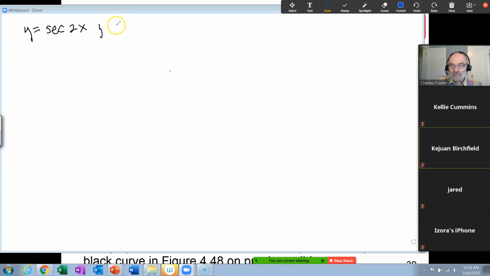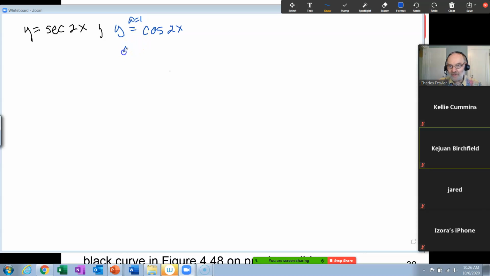Okay, so what would you suggest I graph before I try to tackle a secant function? What's the reciprocal of secant? Cosecant? No, cosine. Cosine 2x. That's what we're going to graph. So we start with our alphabet. A here is equal to 1.